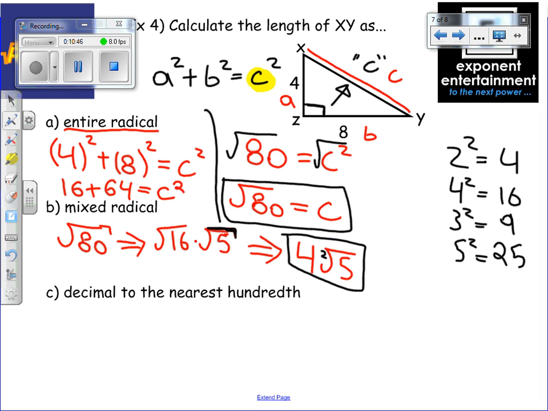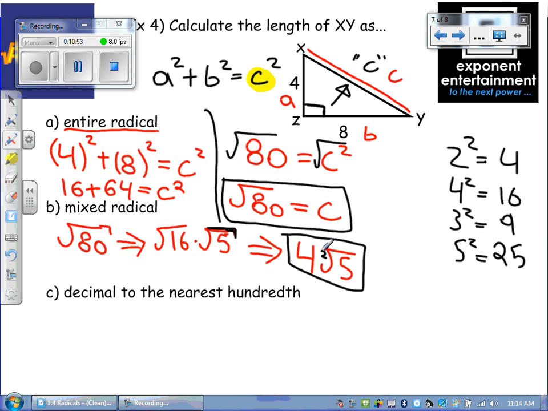Now, Murphy. Decimal form. 8.94. He got that just by punching in the square root of 80 on his calculator.